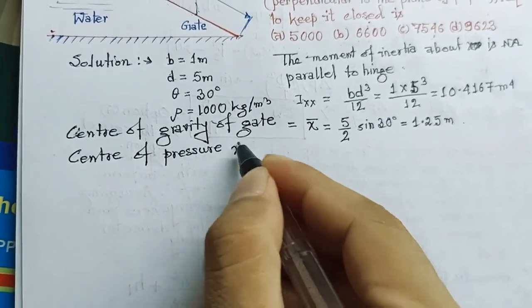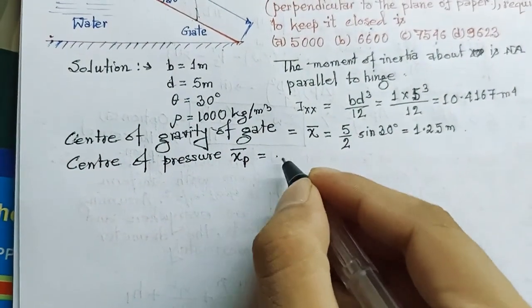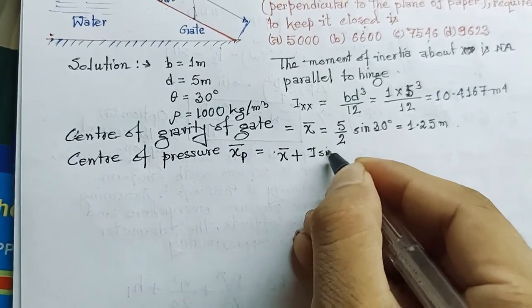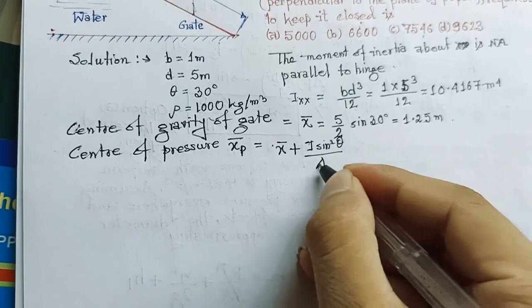Now center of pressure xp bar is given by, as we know, the equation xp bar is equal to x bar plus I sin square theta divided by A x bar.